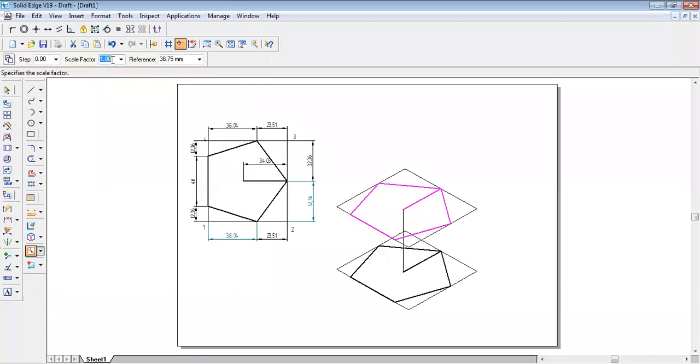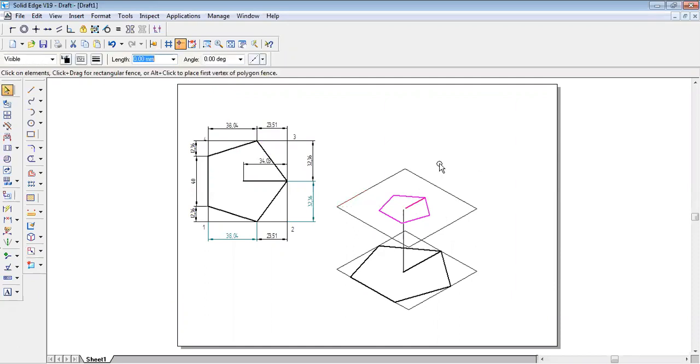Then come to the required size, which is how much? 20 mm. The given is 40. You press enter, then you place it. You will have a 20 mm pentagon. Then I have to move it.